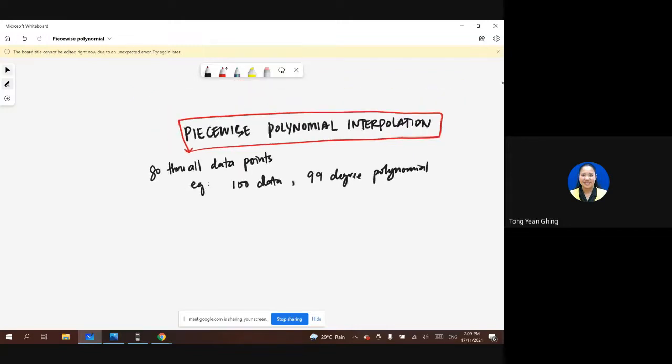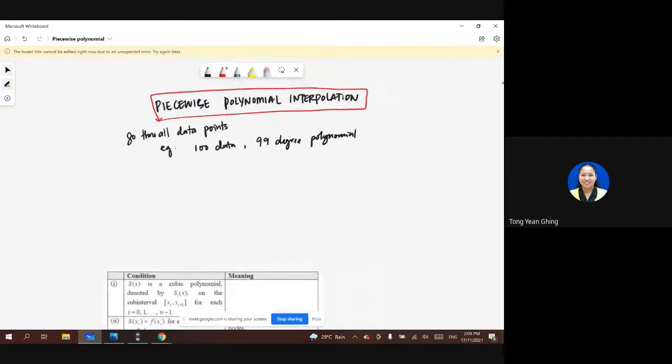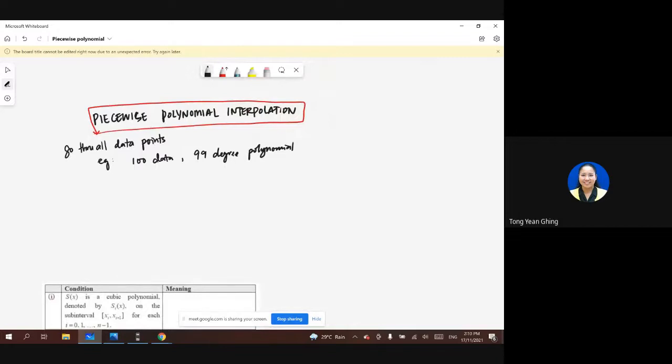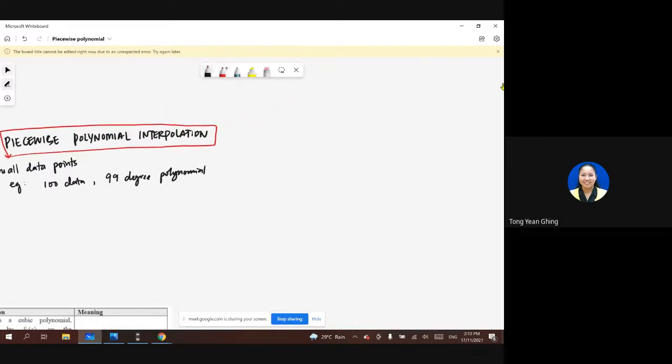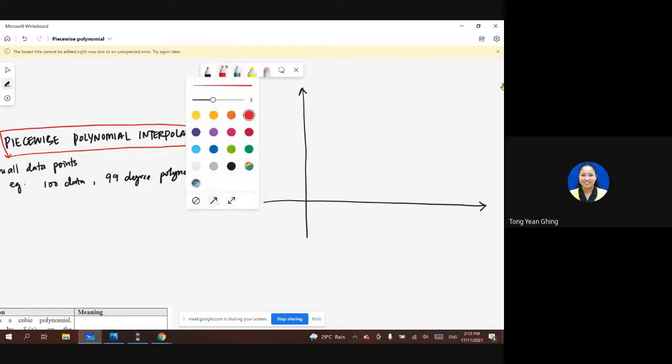For example, I won't do up to 100. Let's say we have a graph like this, and let's say I draw a line, maybe something like this.